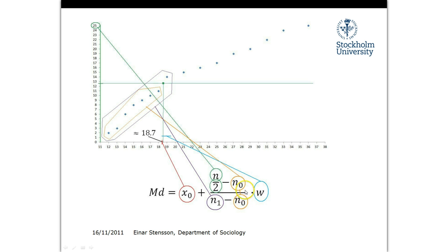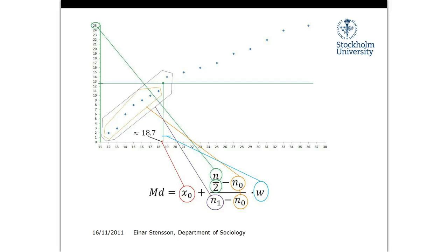So you could say that you're subtracting the number of observations before the class from the position of the median, 18.7, and so you get a feeling for how far into the class we've come. Then you divide this by the number of observations in the class, and you multiply it by the class width. And I realize this can be kind of hard to understand, but this is something you're going to understand better when you do it in practice.